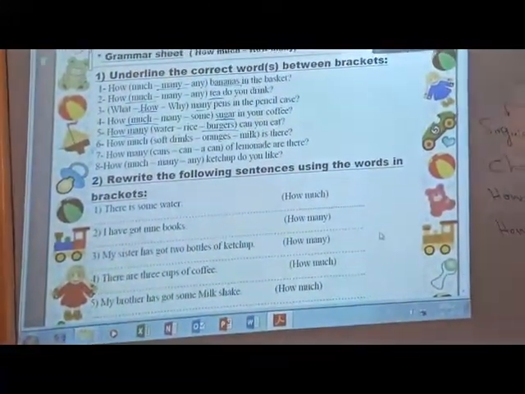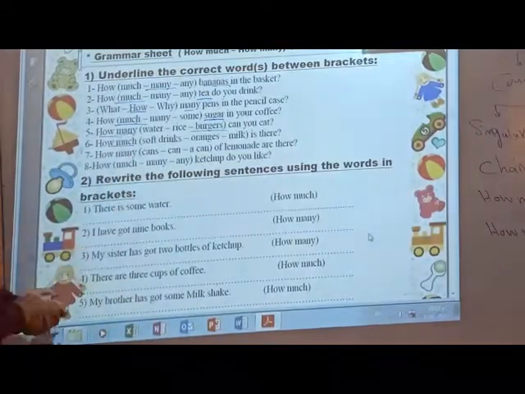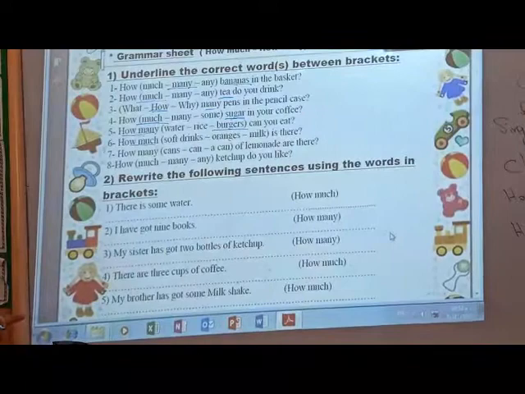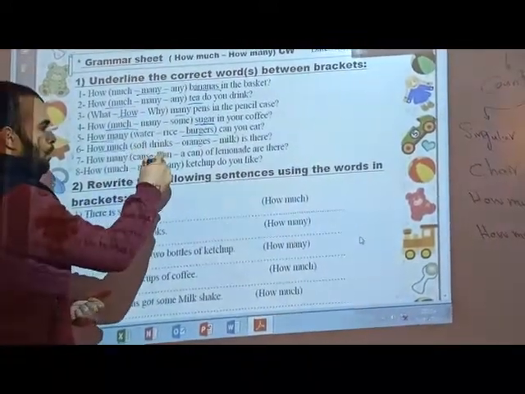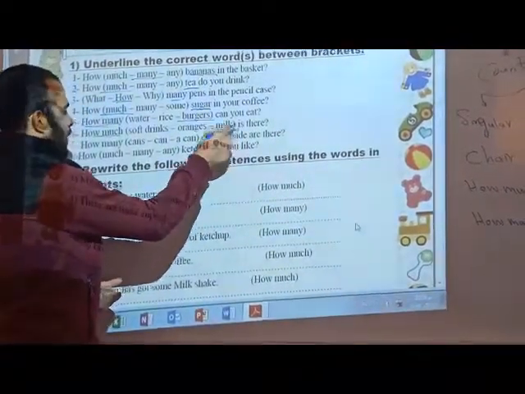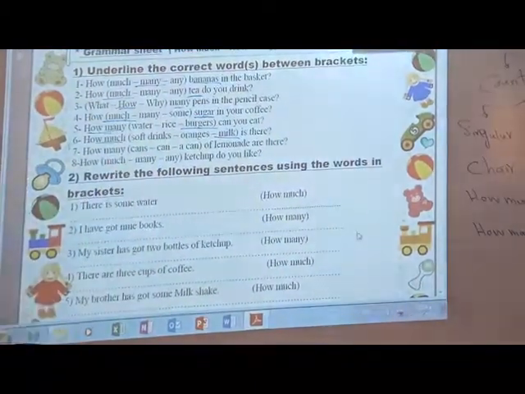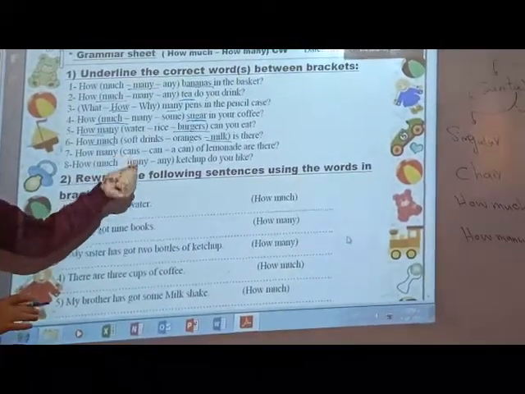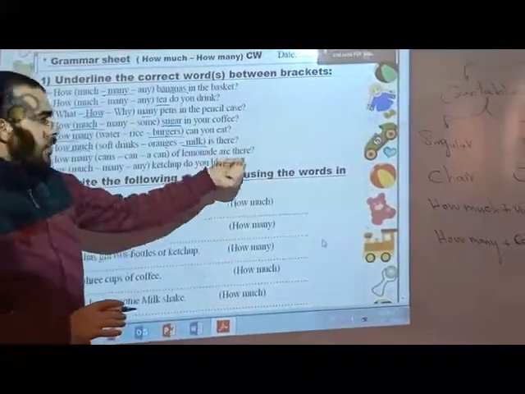Number 6. How much? So how much is followed by uncountable nouns. So how much soft drinks, oranges, milk is there? Soft drinks, plural, oranges, plural, milk, uncountable noun, comes after how much. How much milk is there? Number 7. How many cans of lemonade are there?